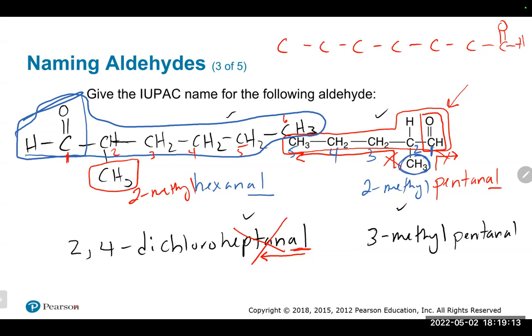Because I chose to put my group over there on the right-hand side, that means for sure, for me, that is carbon number 1, which means right next door would be carbon number 2, where I should have a chlorine attached. And also at carbon number 4, I should have a chlorine. And again, for me, it would be here, would be carbon number 4. That is what the dichloro means.